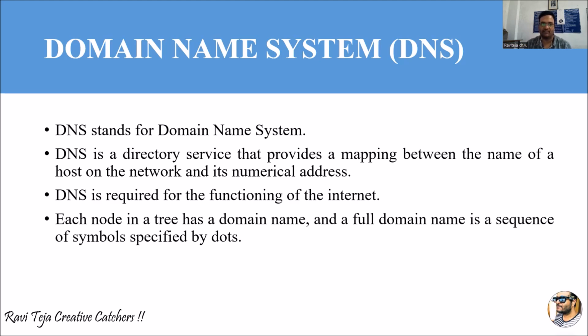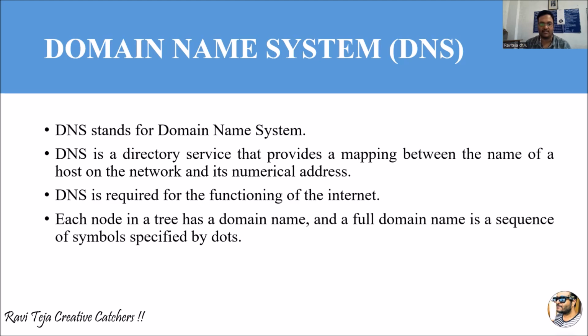Even if you type Facebook, it goes to facebook.com. Or if you are searching for some e-commerce sites, it will be taken as amazon.in or flipkart.com, everything. All these names which we search in a browser are related to the domain name system. So what are these domain name systems? We are going to see now.